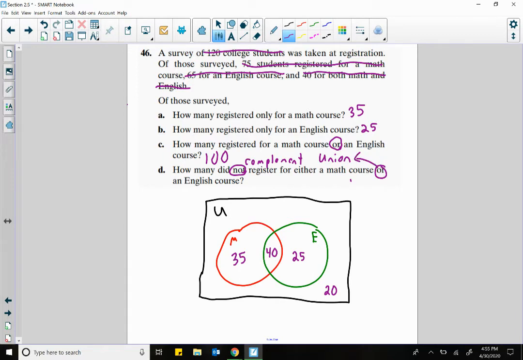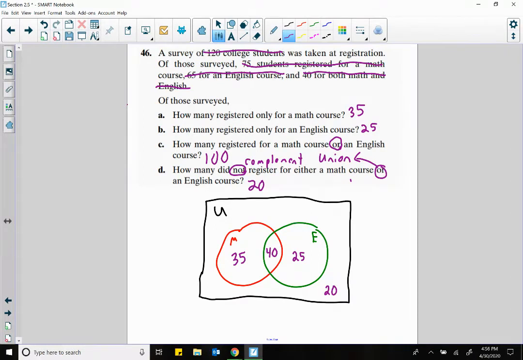So what is the complement of the union? Well, remember, we did all these numbers in here as the union. So what's the complement of that? I want everybody but these numbers. So that's 20. That's the universe. That's what they were asking about in D. They want to know how many students are not in math or English. And that's 20.